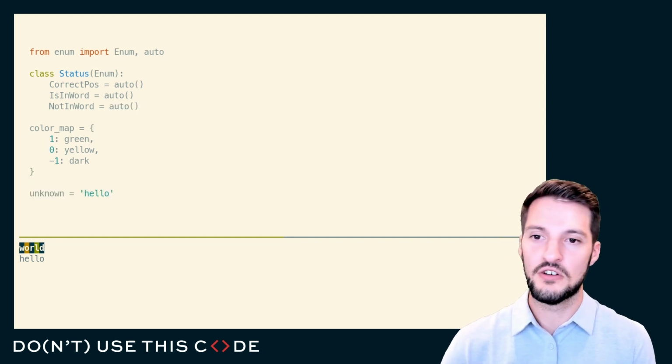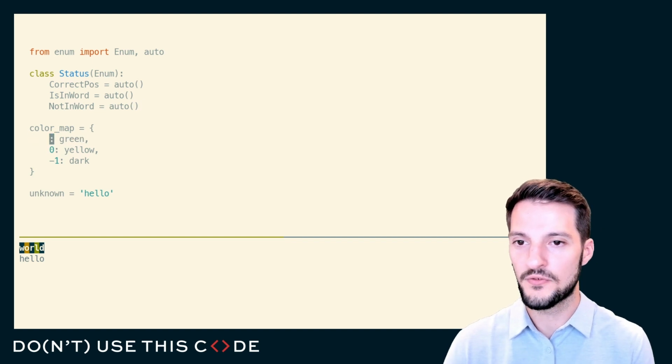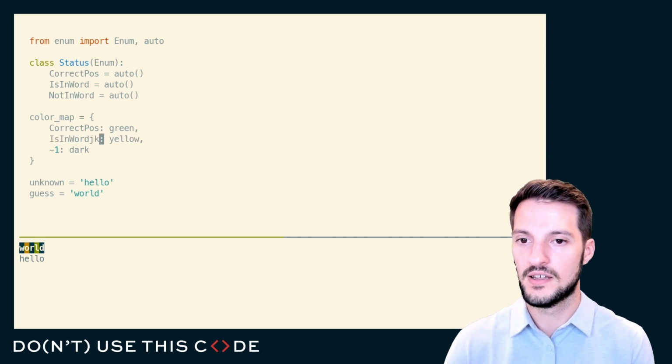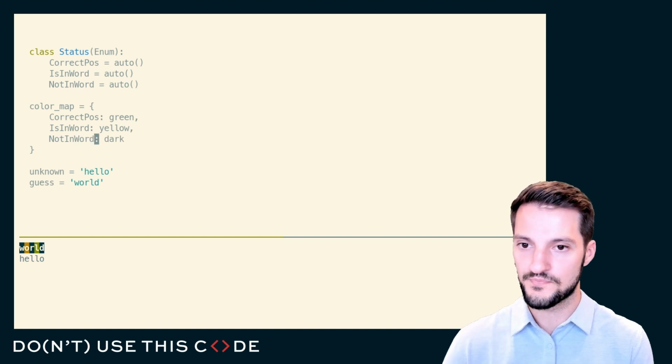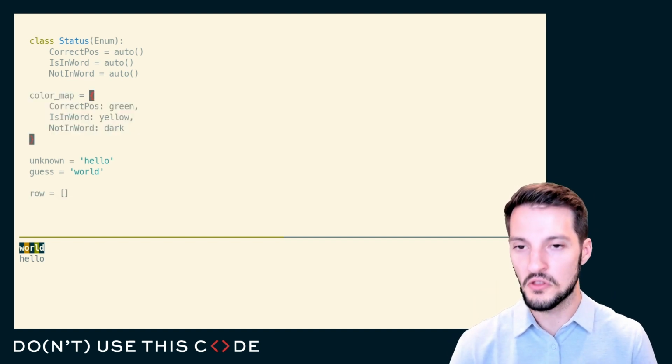And I can go into my code and simply swap out 1 for correct position, 0 for is in word, and -1 for not in word. And now when you look at this, I hope you think, okay, this is a little more straightforward.